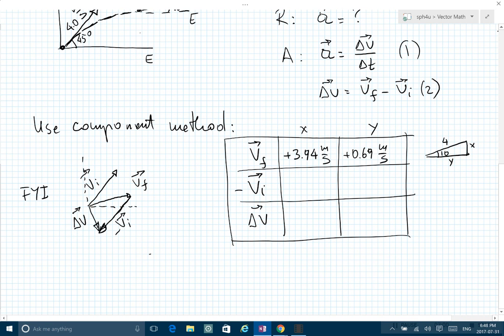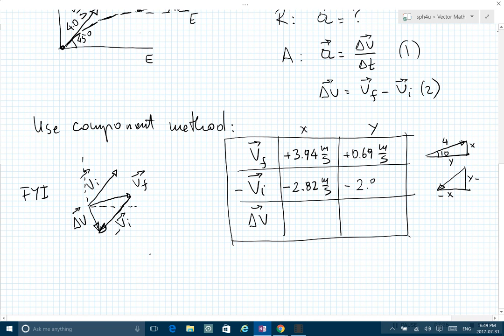And we do the same for the VI. We find the components and then we negate them. We put a negative sign in front. So it's negative 2.82 meters per second. Because remember, we're not finding the components for VI, but for negative VI, which is like this. And this is the X, and that's the Y. So they're both negative.